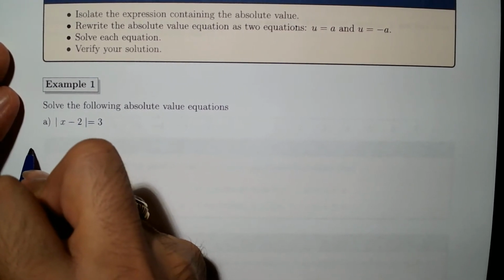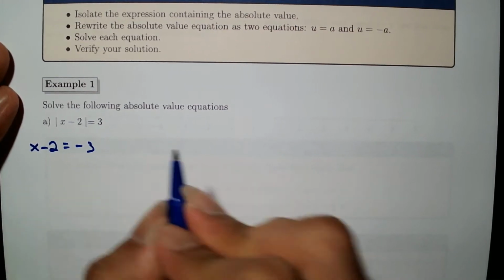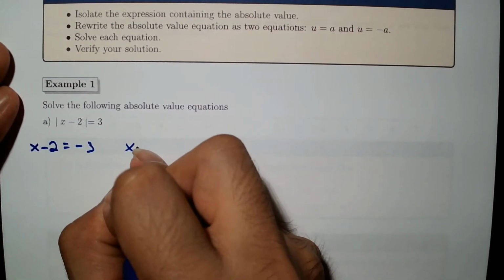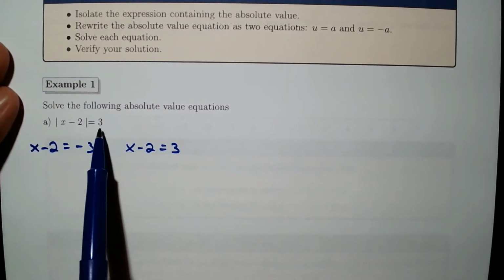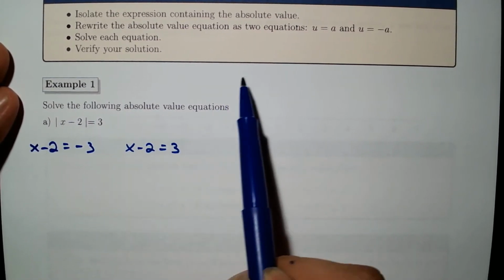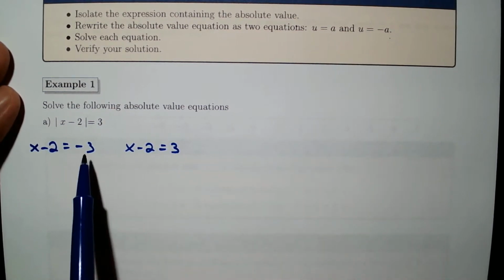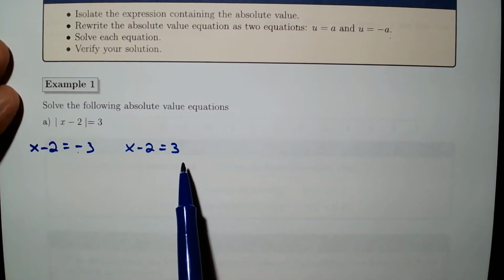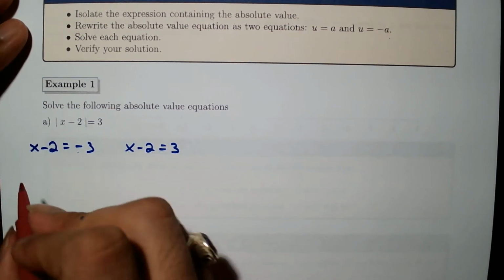We write x minus 2 equals negative 3 and x minus 2 equals positive 3. The number 3 plays the role of a there. So we need to write two equations, one with the negative sign, the other with the positive sign, and all we do now is solve each individual equation.